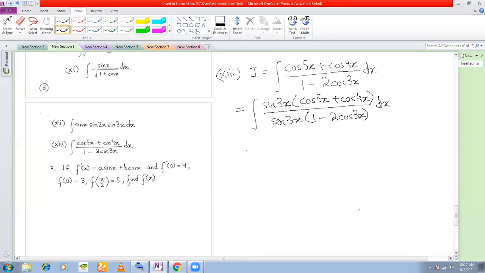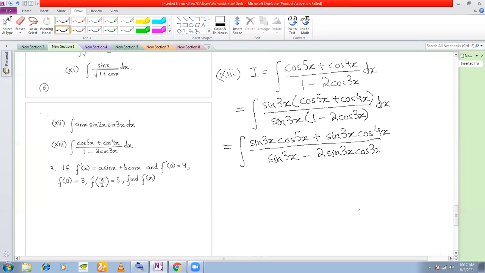Okay, now you multiply sine 3x with each term. Sine 3x cos 5x plus sine 3x cos 4x divided by, in the denominator, you have sine 3x minus 2 sine 3x cos 3x. Okay. Now see what happens.